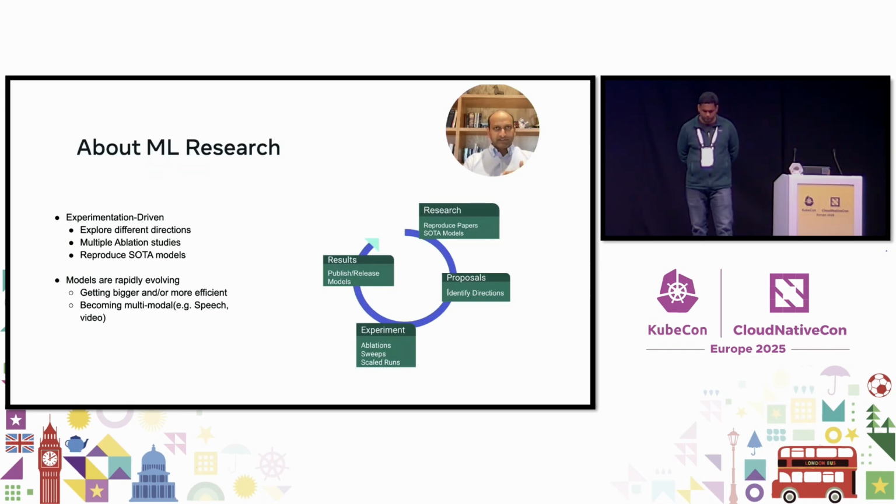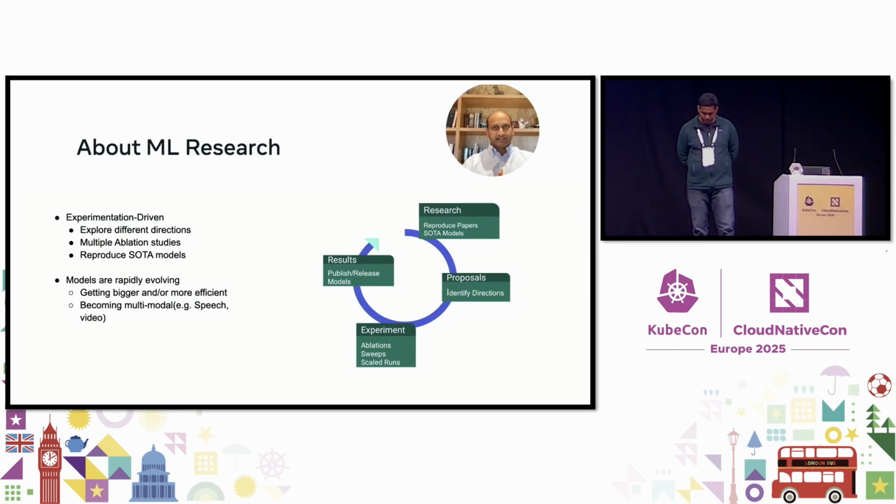The proposals move on to the experimentation phase, which may involve ablations, sweeps, hyperparameter sweeps, new model architecture innovations where you need to modify the code and prove that the architecture works.